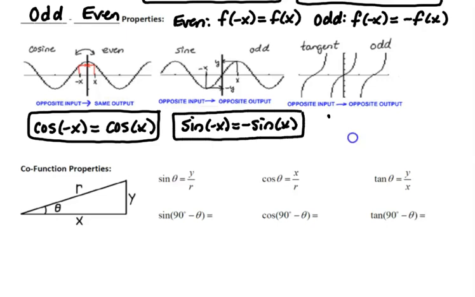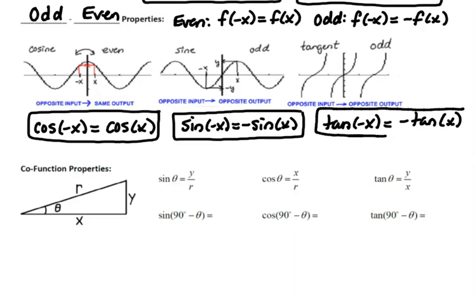And then we can say tangent of negative x equals negative tangent of x because tangent is also an odd function. Now, if you also wanted to talk about the reciprocal functions, the reciprocal of cosine, which is secant, would also be an even function, and the reciprocals of sine and tangent, cosecant and cotangent, would also be odd functions. So we could write the similar expressions for cosecant, secant, and cotangent.